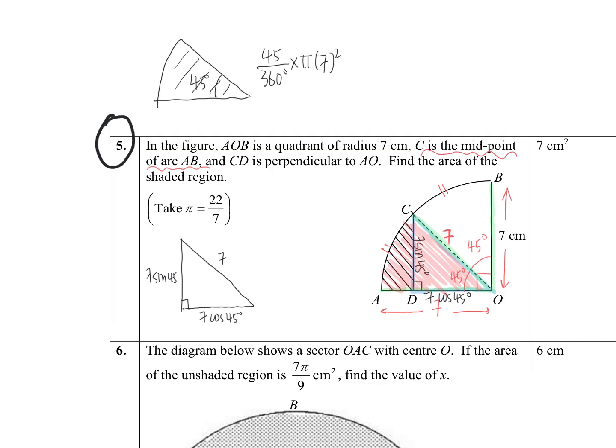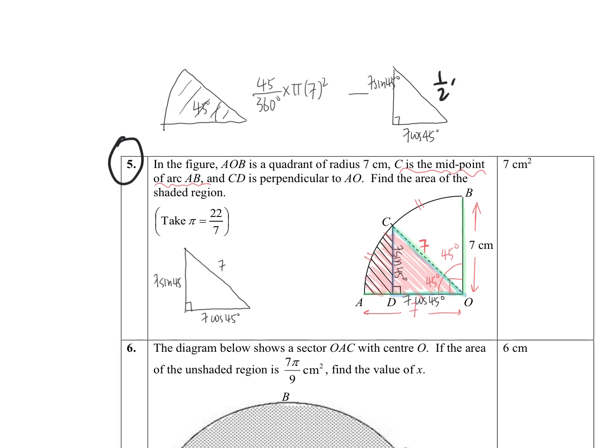Then I subtract off the right angle triangle, where I know the height and the base, so I can do half times base times height. My final answer would be the difference between these two numbers. If you calculate properly, it should give you exactly 7 cm squared. You double check. But you must take pi to be 22/7. If not, it wouldn't be exact.